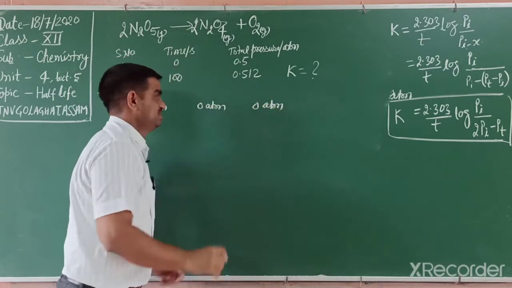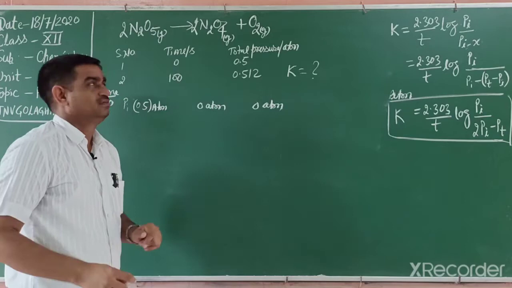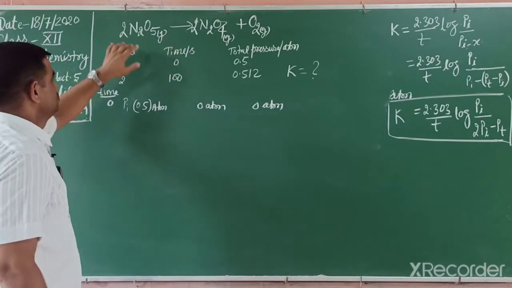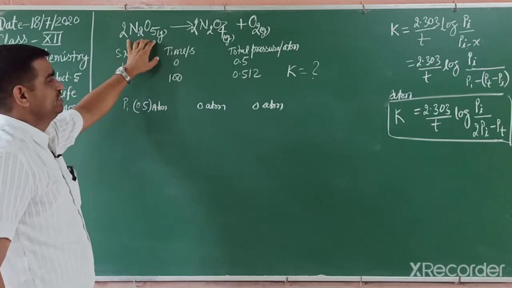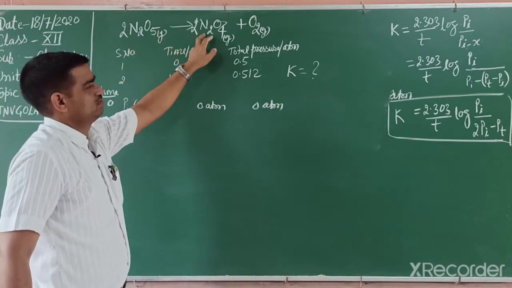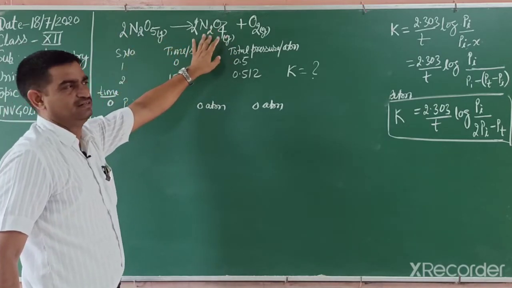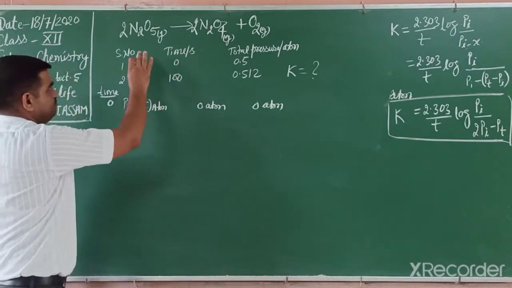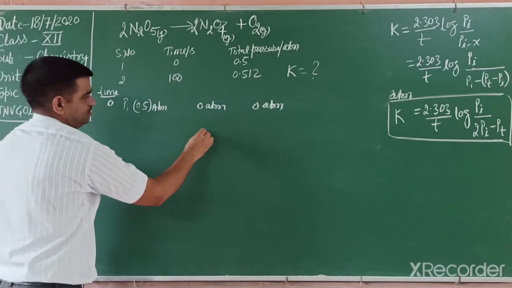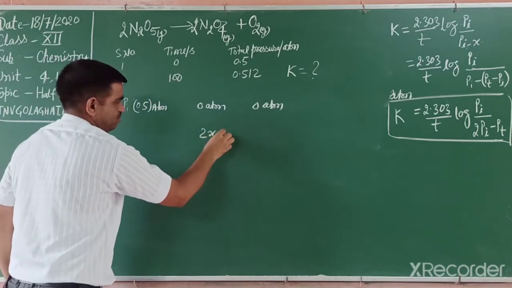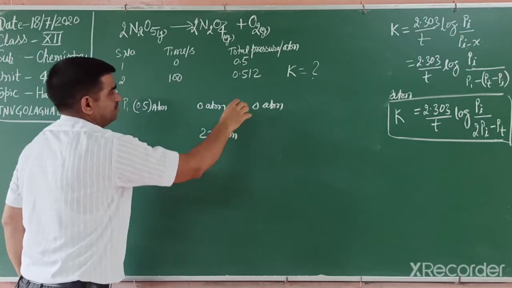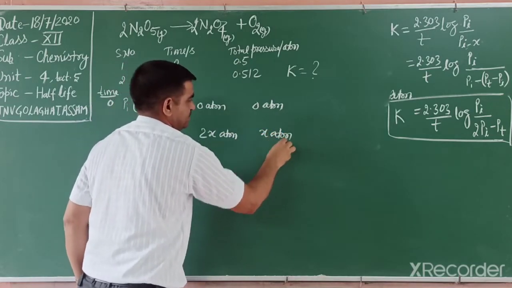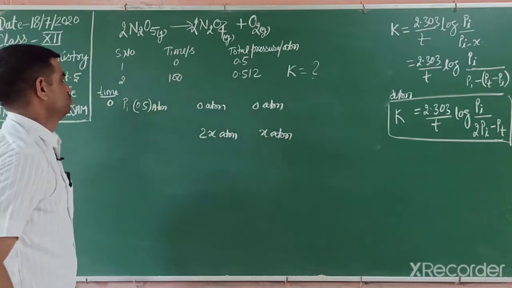But after 100 seconds, according to stoichiometry, this reaction happens. 2 moles of nitrogen pentaoxide decompose, and we get 2 moles of nitrogen dioxide in dimerized form. So if 2 moles decompose, we write 2x atmosphere formation, and this one is 1x atmosphere, because the reaction occurs according to stoichiometry.